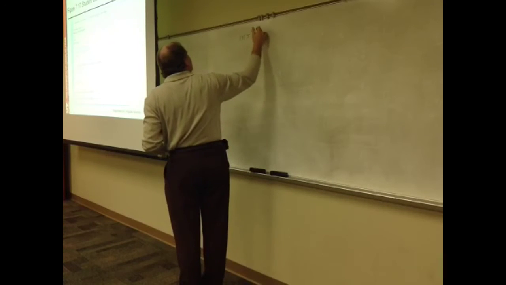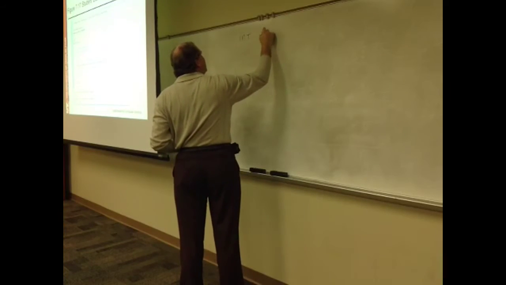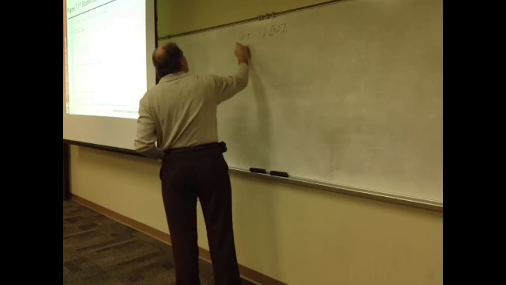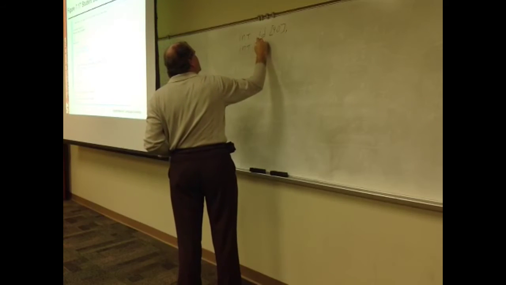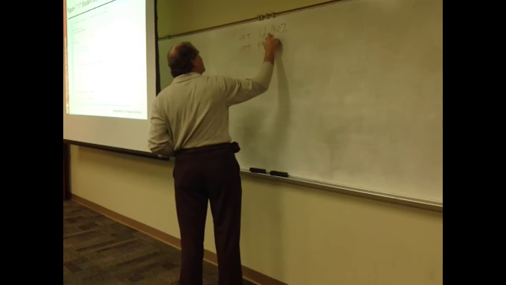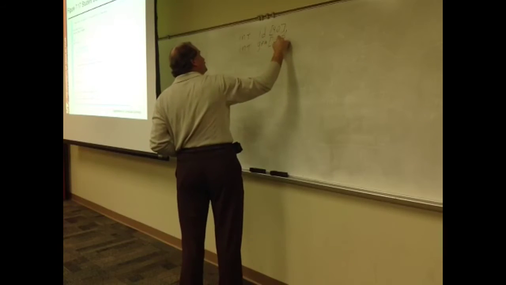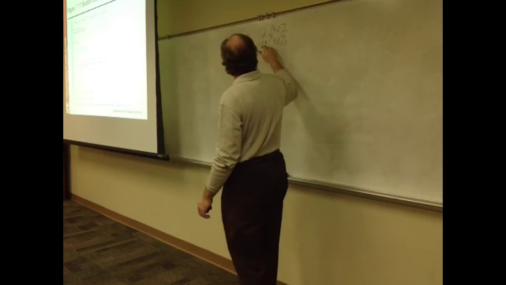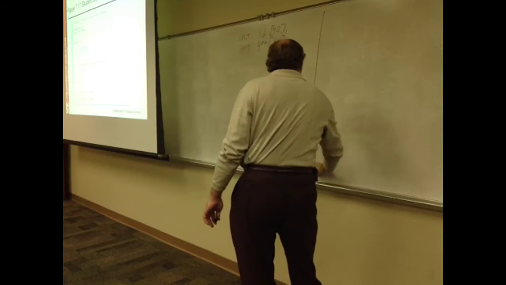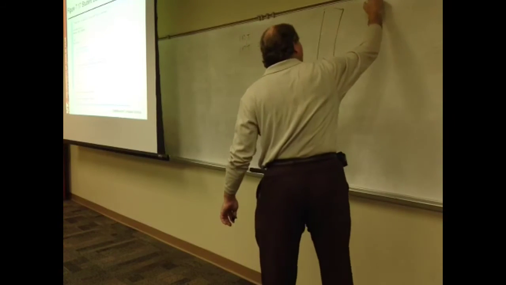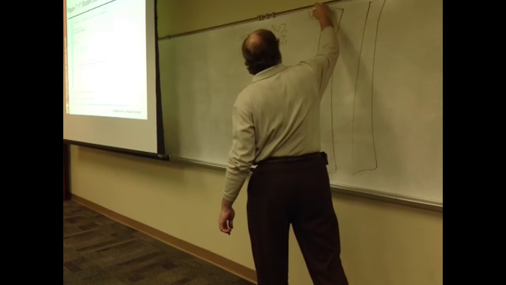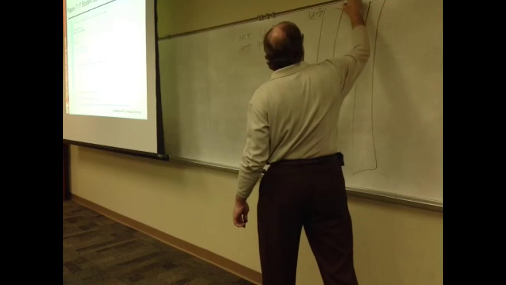So if we had int ID, and we're going to set this up where our class can hold 40 students, and int GPA, same 40 students, that way we're just going to set up our memory with ID and GPA.